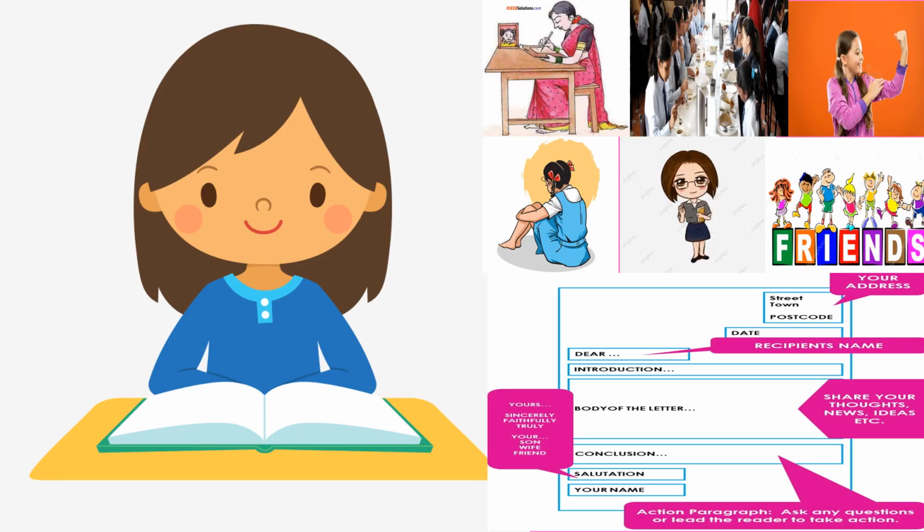So let's start today's session with a quick recap of what we learned in the previous session. We saw Poonam's mother writing to her, asking her to be friendly with all the children in the boarding, and she also told her to be strong and not to feel homesick.